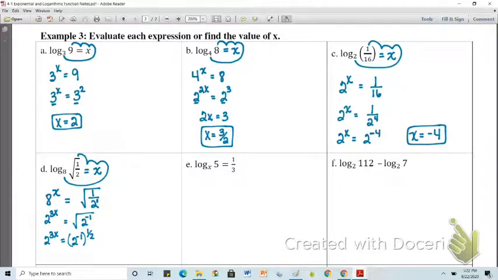And now I set our exponents equal to each other. So it's 3x equals negative 1 times 1/2, because that's what I do with my exponents. Remember, when we raise a power to a power, we multiply the exponents.